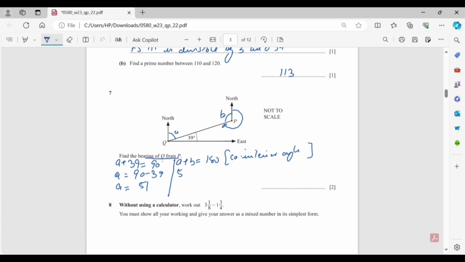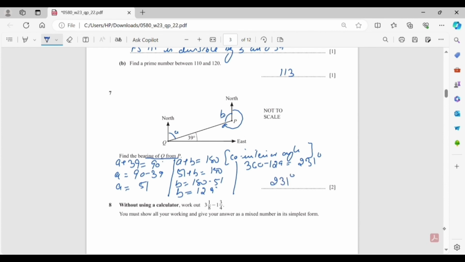Now 51 plus B is equal to 180. B equal to 180 minus 51. B will be equal to 129 degrees. Now 360 minus 129, which is equal to 231 degrees. So our bearing of Q from P will be 231 degrees.